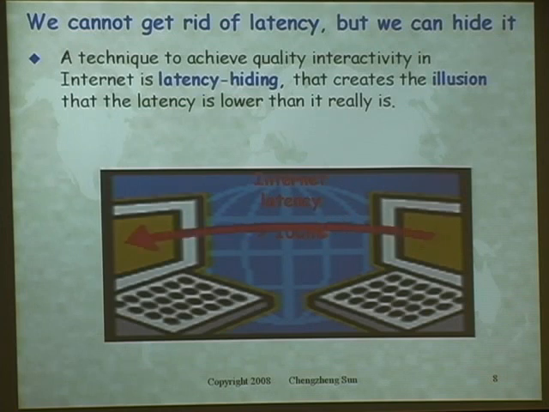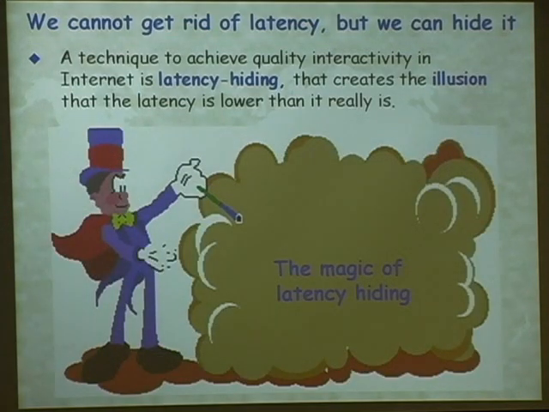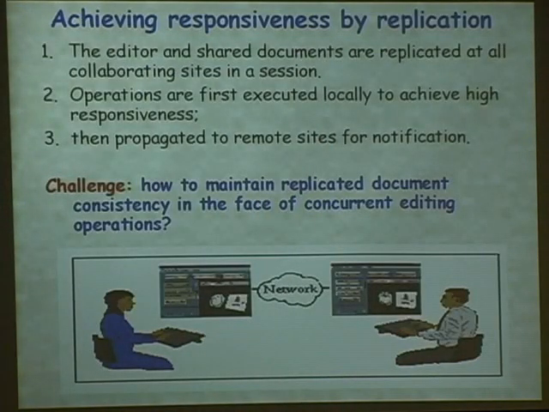A technique to achieve quality interactivity in the internet environment is latency hiding. That is to create the illusion that latency is lower than it actually is. So that's what we call the magic of latency hiding. A widely used latency hiding technique is replication. In the collaborative editing context, the editor and the shared document are replicated at all collaborating sites in the collaboration session.